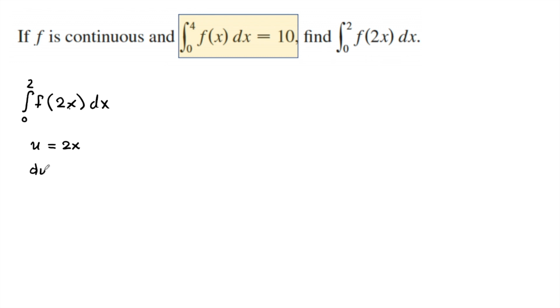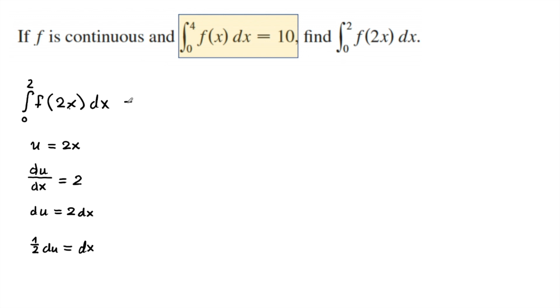So the derivative of u with respect to x is 2. So du is 2 dx. And we divide both sides by 2. We get half du is dx.